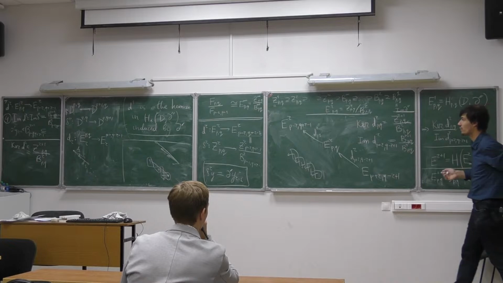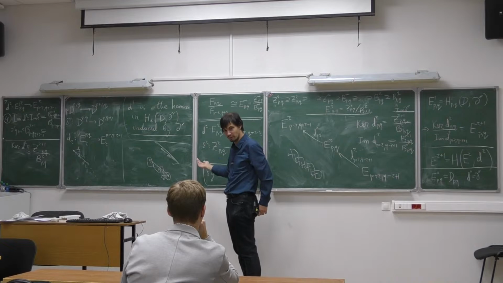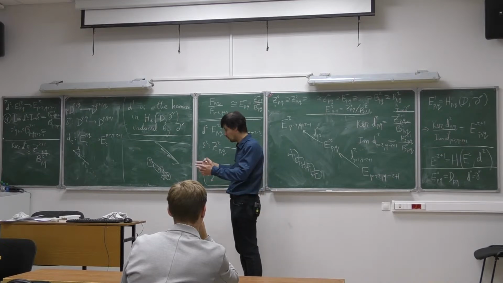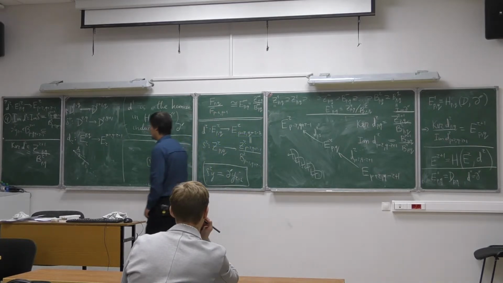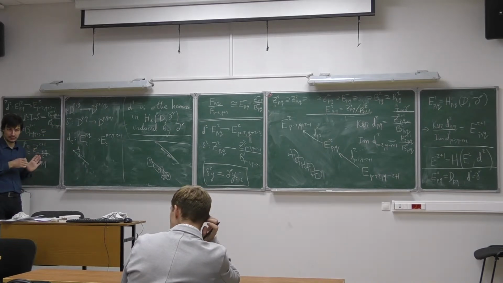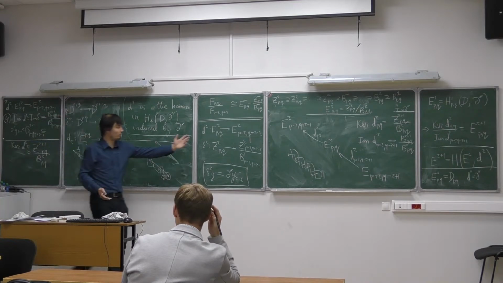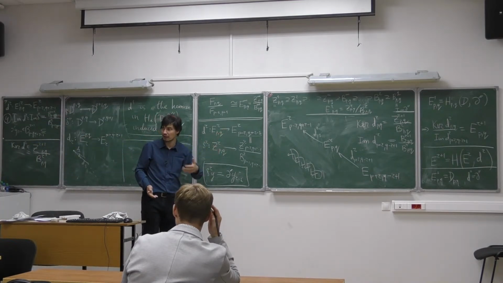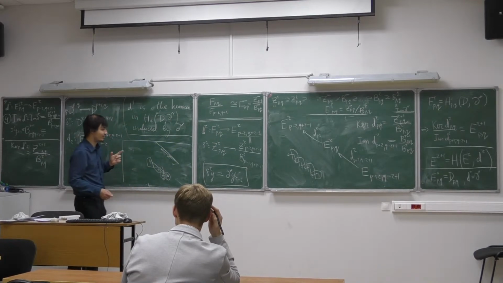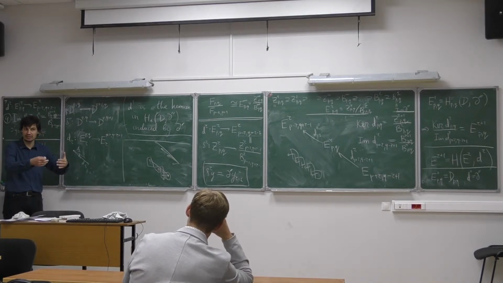So in fact, with any double complex, there are not one but two spectral sequences. Both go to some filtrations in homology of the total complex, but they differ just by reversing the roles of indices p and q. They are completely different, and they correspond to different filtrations in the homology of the total complex.